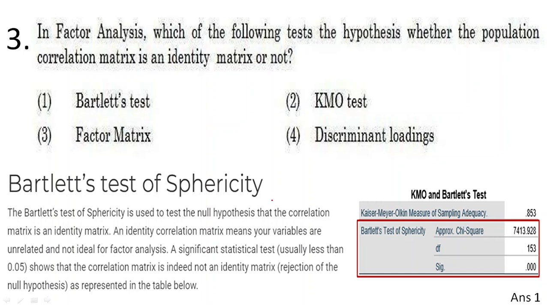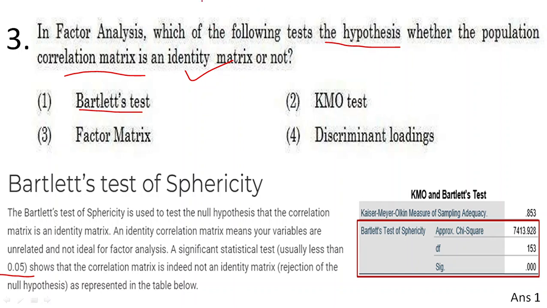Moving on to the third one: in factor analysis, which of the following tests this hypothesis, whether the population correlation matrix is an identity matrix or not? So Bartlett test is the test which is conducted to find the identity matrix, and if the Bartlett test value comes less than 0.05, that means you can go for a factor analysis.